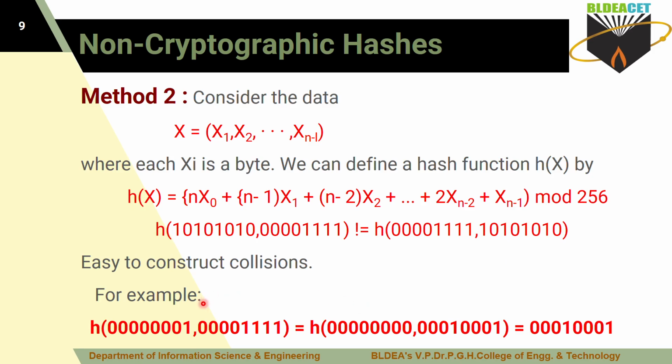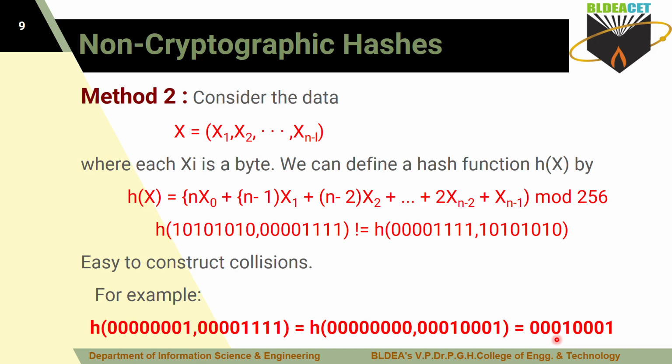But that is not the case here. See here, I have taken two different inputs. This input is different and this input is also different, yes or no? Yes, they are different. But after applying this hash function, the hash value I get is equal.